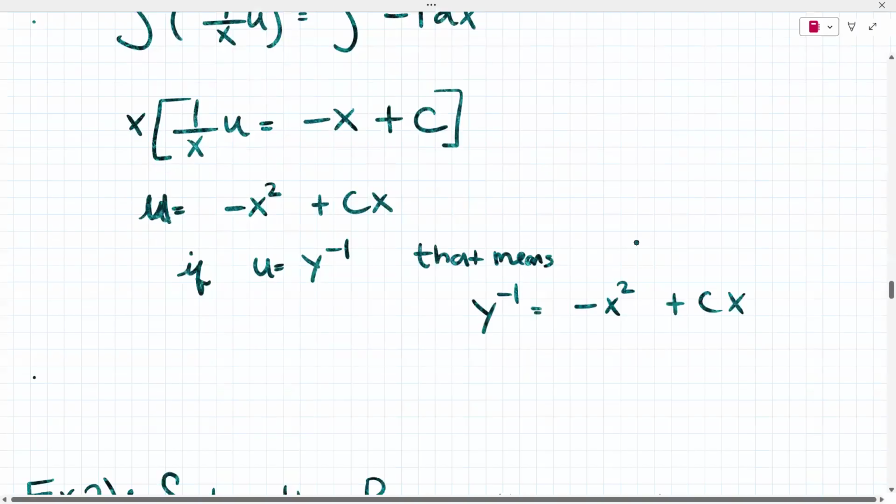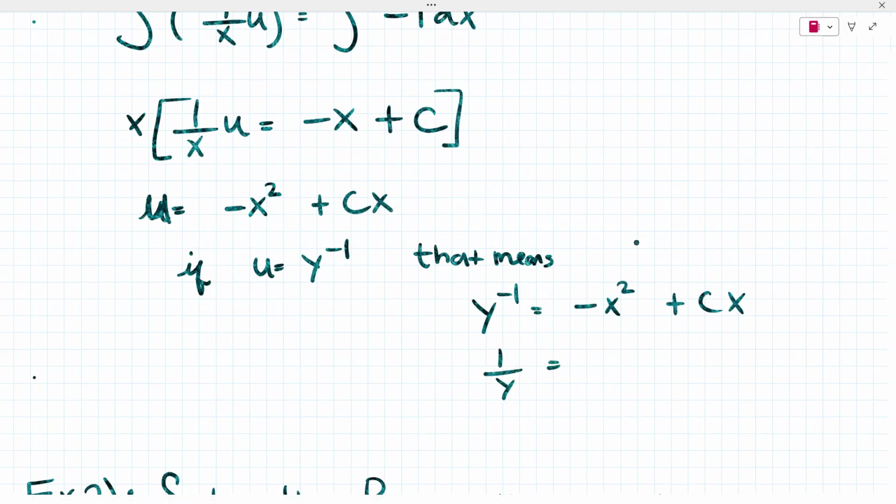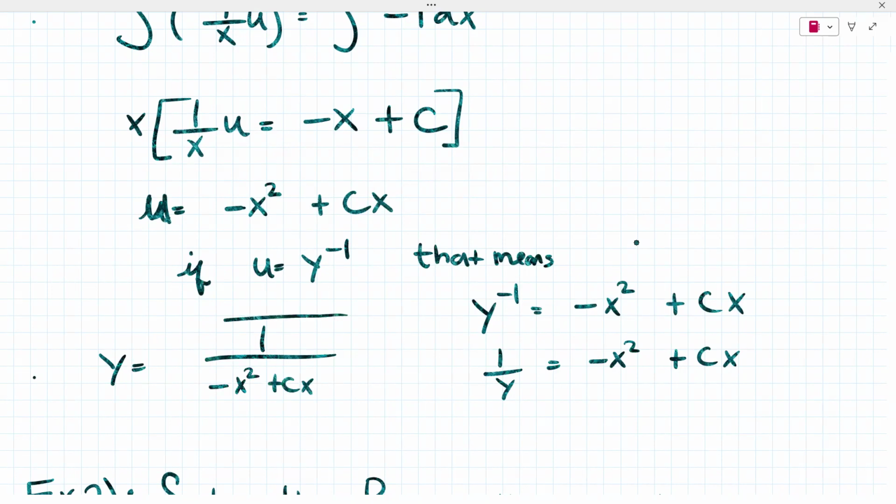And then what you want to do is y to the negative 1 is 1 over y. And then cross multiply. So when you cross multiply, you're going to get y equals 1 over negative x squared plus cx. There's your final answer. We don't have an initial condition, so we'll just leave C as it is.